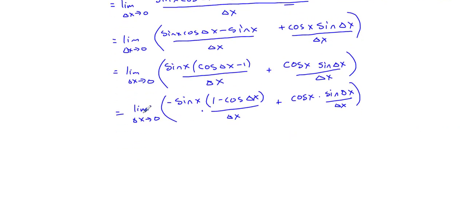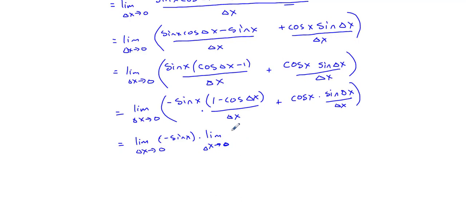Now, a nice thing about limits, if you have a product, it's just the limit of each term, right? Each factor of that product. If you have a sum or difference, it's the limit of the sum or difference, right? So we can actually apply the limit to everything. I'm going to write it out once. The limit of negative sine x times the limit as delta x goes to 0, I'm sorry, delta x goes to 0.